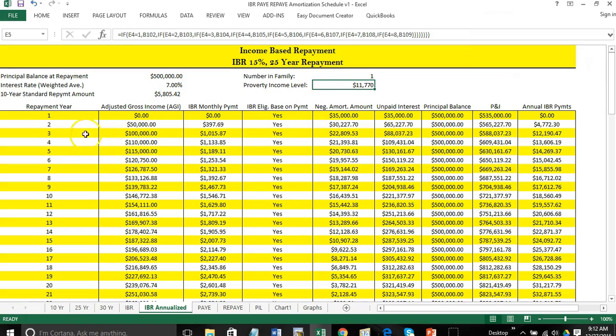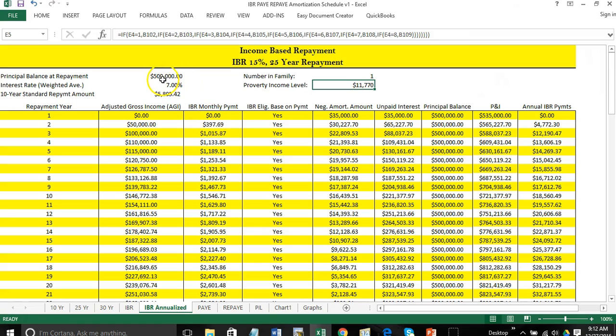In this first year, once you enter repayment, the assumption is your income is 0. That's because typically they look back at the prior year, and that prior year may have been when you were in school and you may not have generated an income. So that first year, payments under IDR would be 0.